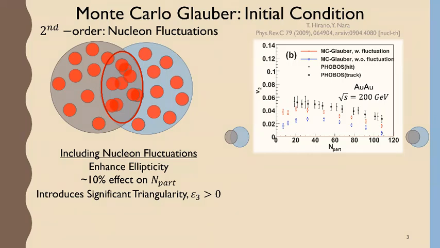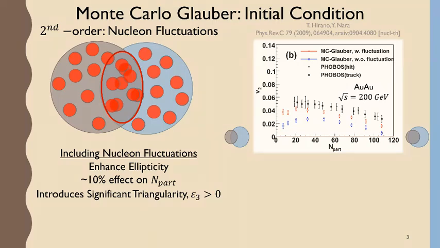In the plot on the right, the blue points don't have this fluctuation of nucleons, the red points contain these nucleon fluctuations, and the black points are the experimental data. You see that including these fluctuations enhances V2 and gets closer to agreement with data, but there's still a shortfall here.